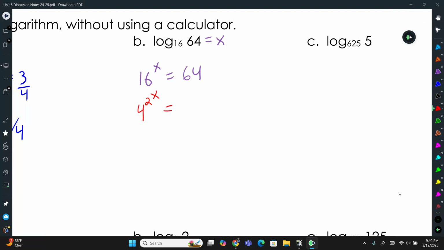And 64 can be written as 4 to the 3rd power. So we can multiply these exponents. So 4 to the 2x equals 4 to the 3rd. So 2x equals 3. And then we get x equals 3 over 2.